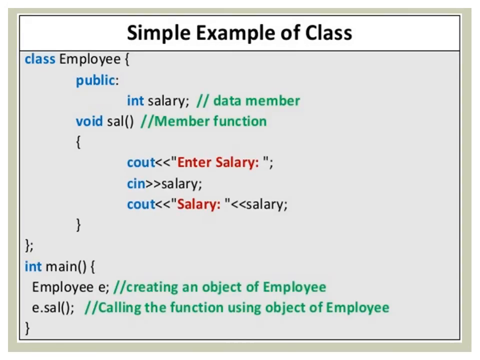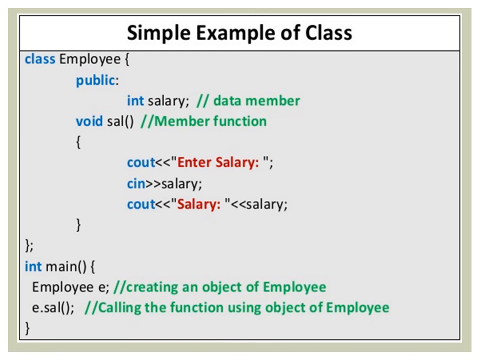Now see the example. Here class employee is created. Class is the keyword, employee is the name of the class. Then opening curly brackets. In the public section we declare int salary, that is the data member, and one function, void sal, that is the member function. In the sal function we have the opening and closing of the curly brackets.